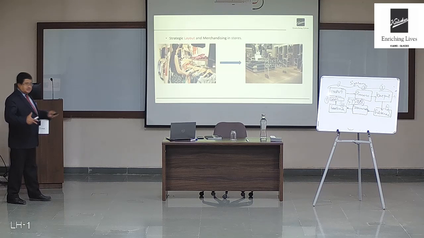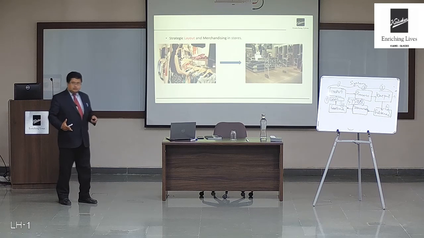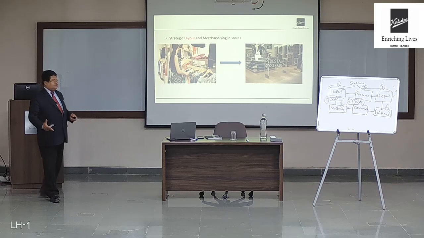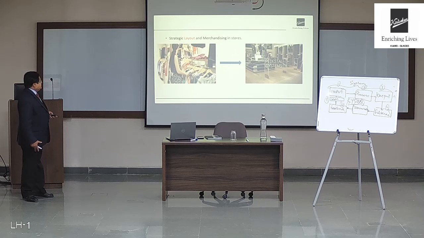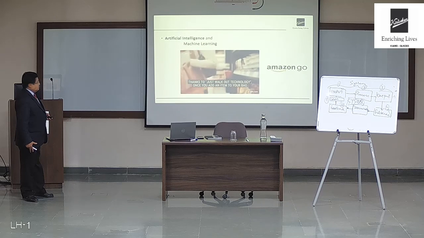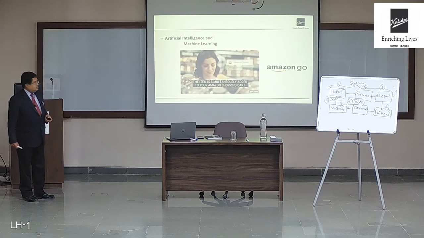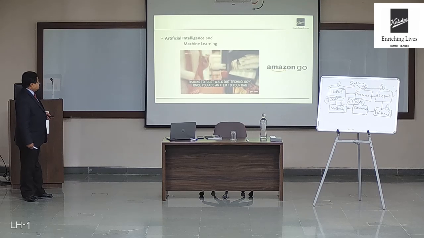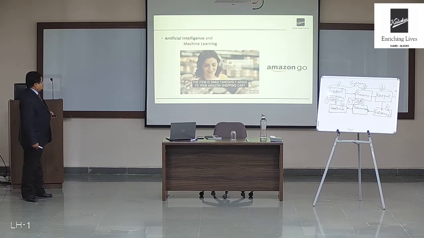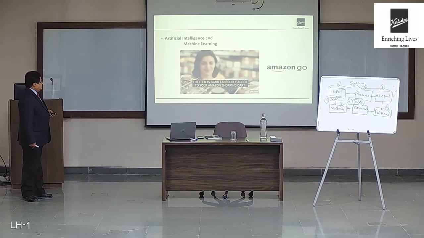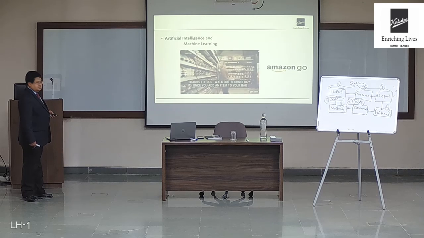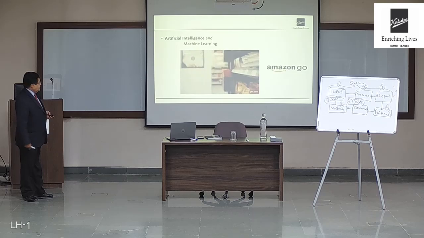Then you need to design the strategic outline of the entire shop floor, the retail floor, by strategizing layout and merchandising in the store. This is called pedestal systems. And finally, you can also use new technology, artificial intelligence and machine learning, like Amazon Go. So if you are doing some shoplifting, you will be able to track that with the help of AI and machine learning.